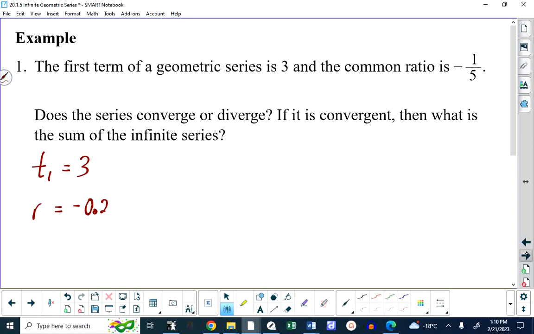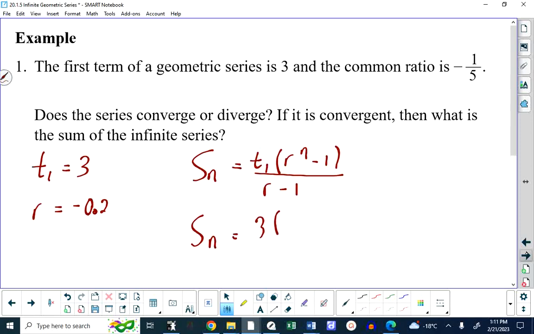So here's our sum formula for any geometric series: T1 times R to the n minus 1 over R minus 1. If I put in the parameters, Sn equals 3 times, we do need brackets around this common ratio this time because it's negative.